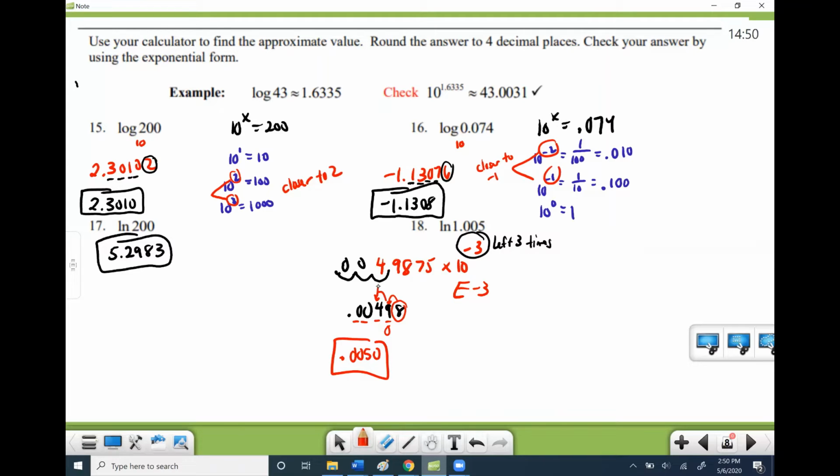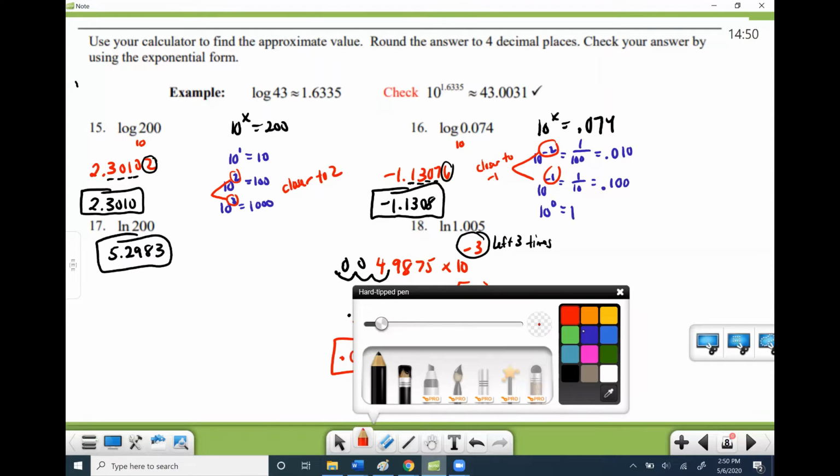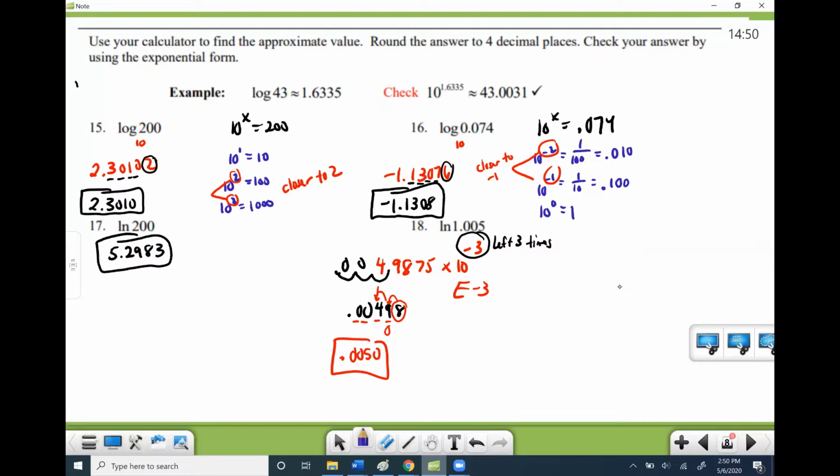Okay. So let's say that you plugged it into your calculator and you got, let me see here. There you go.